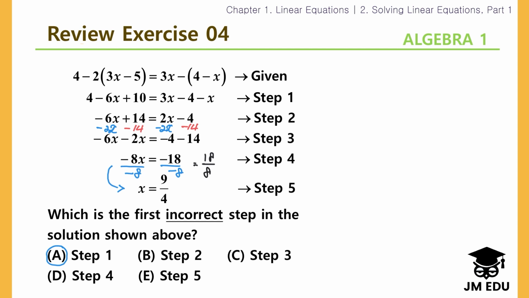But these two numbers can be simplified, right? 2 times 4, 2 times 9. That's why they have this solution. But remember, at step 1, they made a mistake, right? So this is not the actual solution.